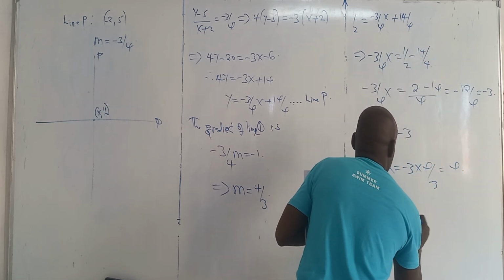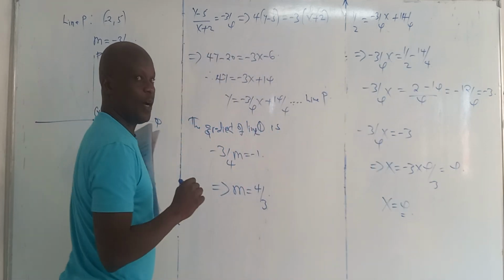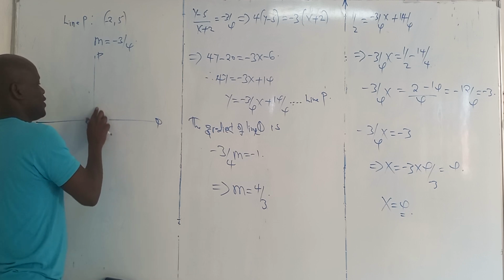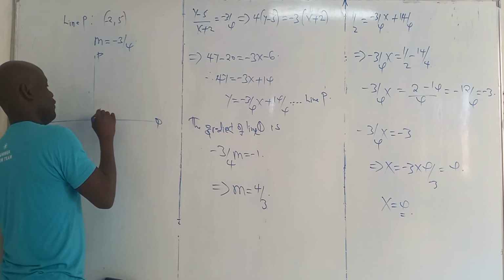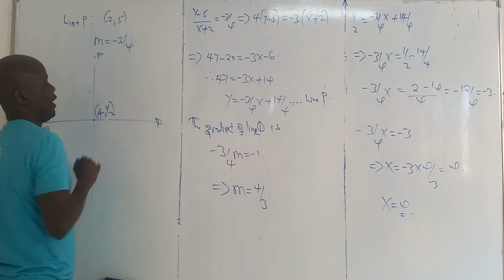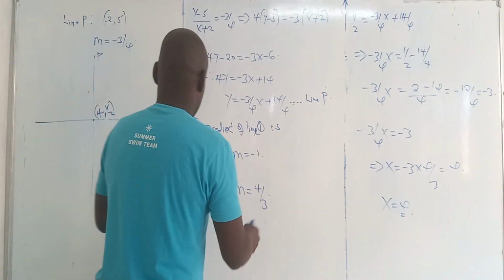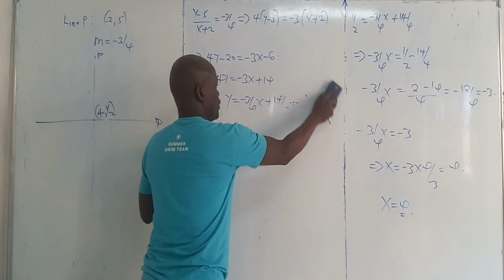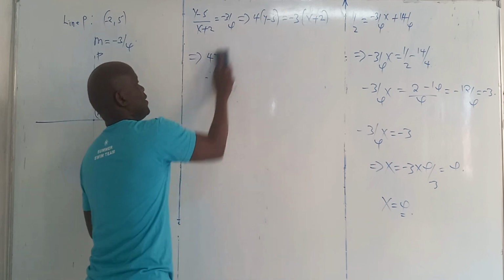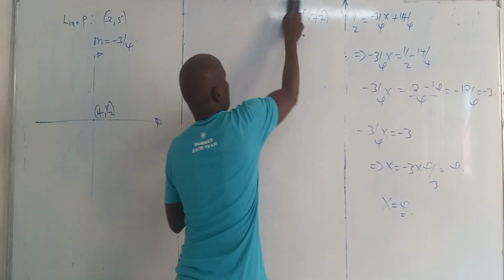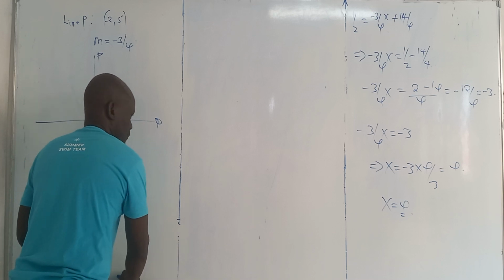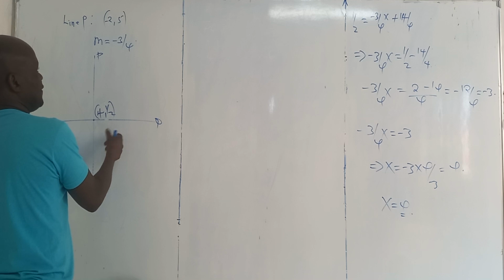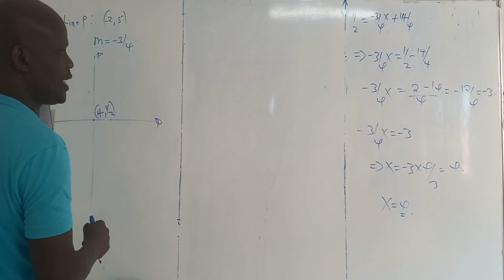X is 4. So now we know that the coordinates of the point are 4 and a half. If x is 4, then I can now find the equation of the line Q, using this point and the gradient we already had.